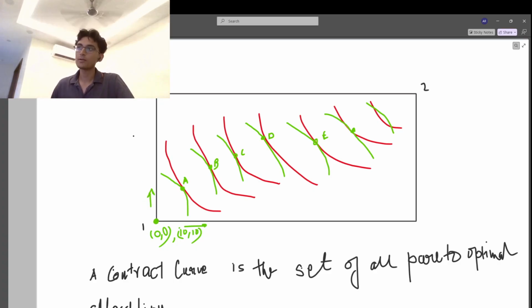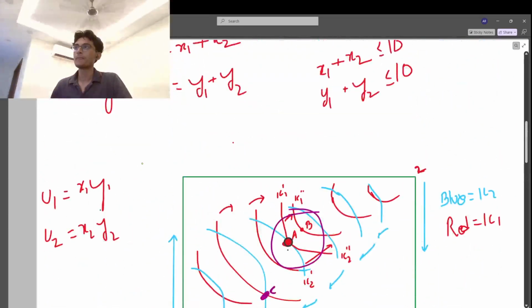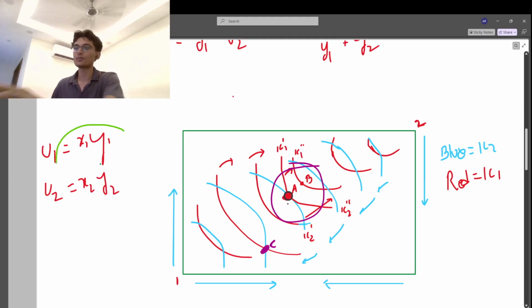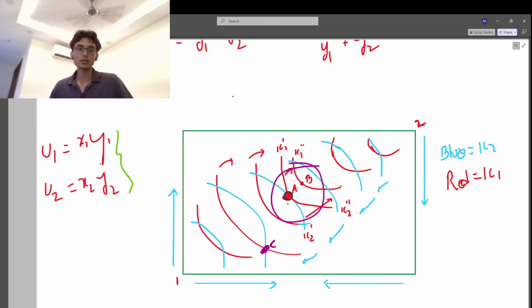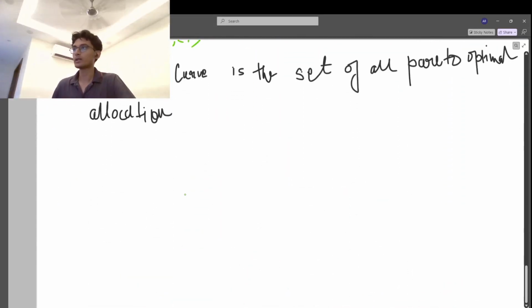This is a Pareto optimal allocation because, remember, we have a Cobb-Douglas utility function. Given our utility function, this is a Pareto optimal allocation. What is our utility function?